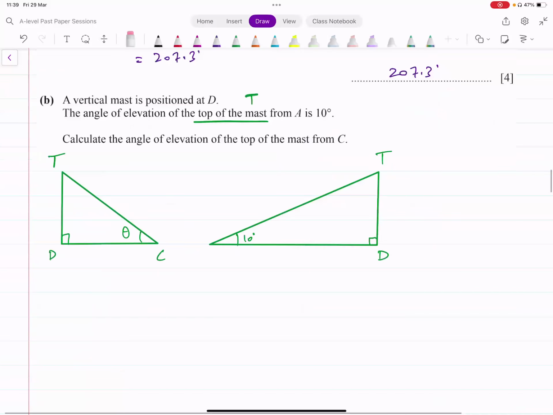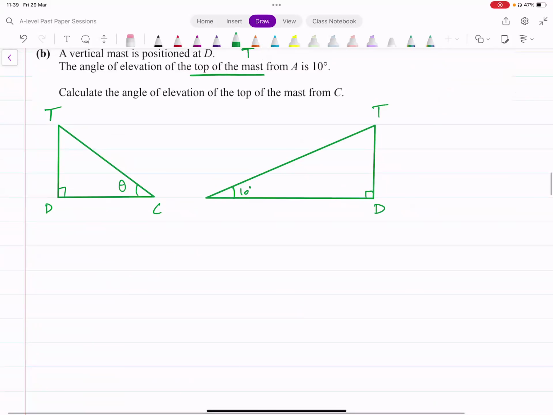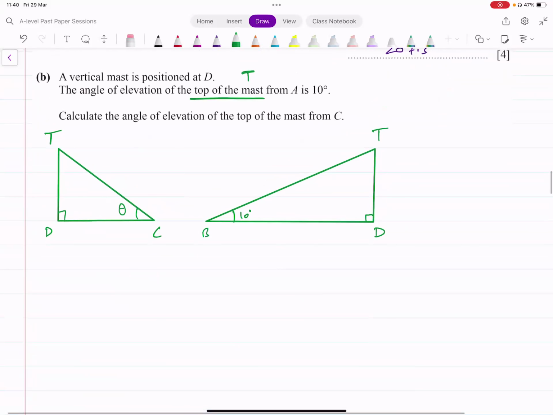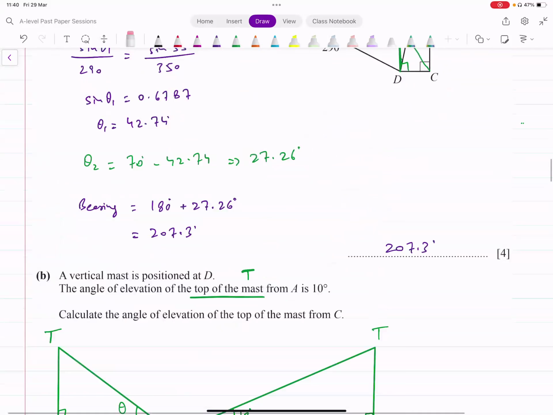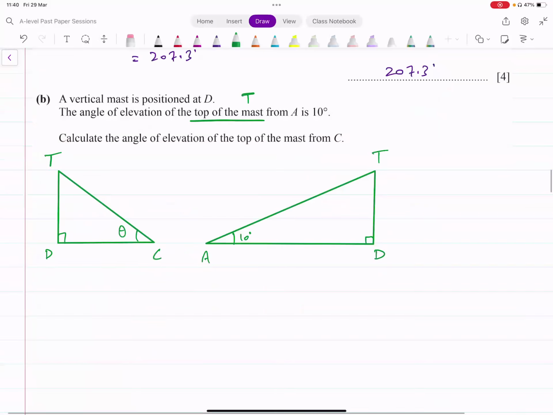Now we need to find this angle theta somehow. What information do we have? We are given that this angle is 10 degrees. Now, do we have any of these lengths? If this was B, no, sorry, A. Do we know AD? Let's go back to that diagram and see if we have AD given. AD is 290, so we can write 290 here.